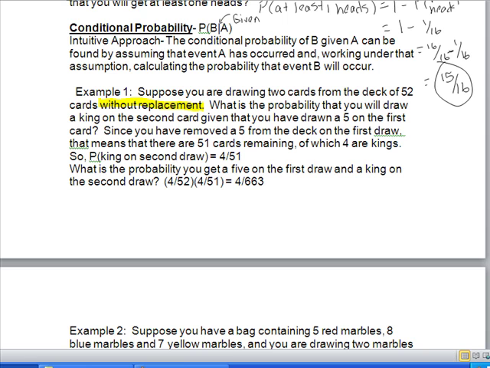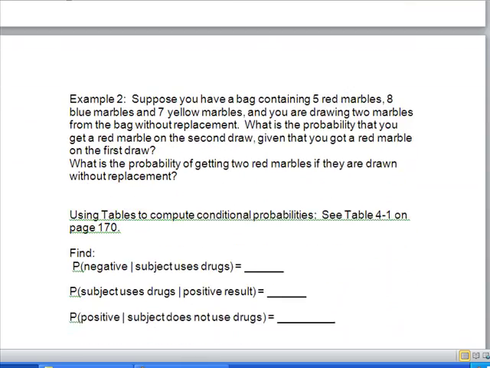So if you're looking at the probability of getting a 5 on the first draw, and that means we're going to be multiplying, and a king on the second draw, we've removed a 5. So for the probability of a king on the second draw, we still have 4 kings out of the 51 remaining cards. And then we multiply and reduce, or reduce and multiply.